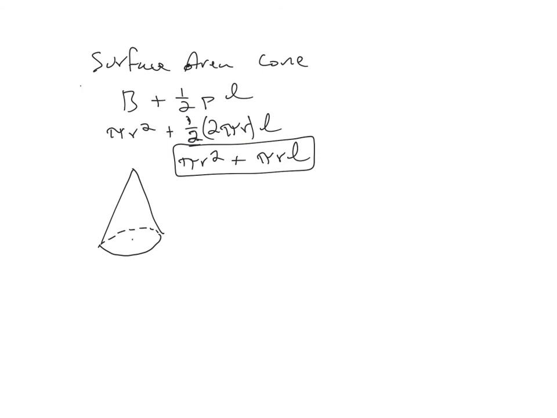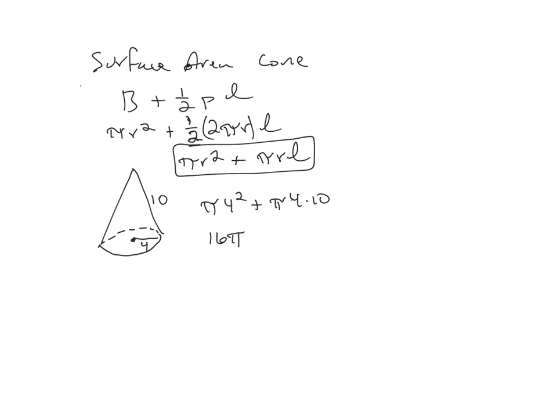So really I need the radius and the slant height. Again, it's the same as the pyramid. If I have a radius of 4 and a slant height of 10, that's the easy problem, because then I can just do pi times 4 squared, plus pi times 4 times 10.